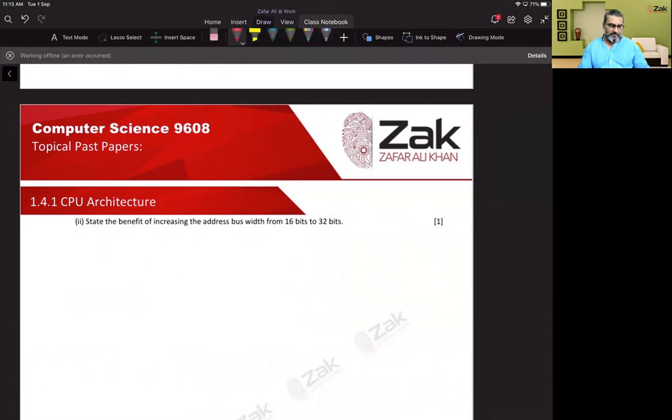So if it is 16 bits, the maximum address that we can access would be 2 to power 16, that is 65,536 addresses. That is just 65K addresses, not even 1 MB. If it is 32 bits, it is 4 GB that we can access.